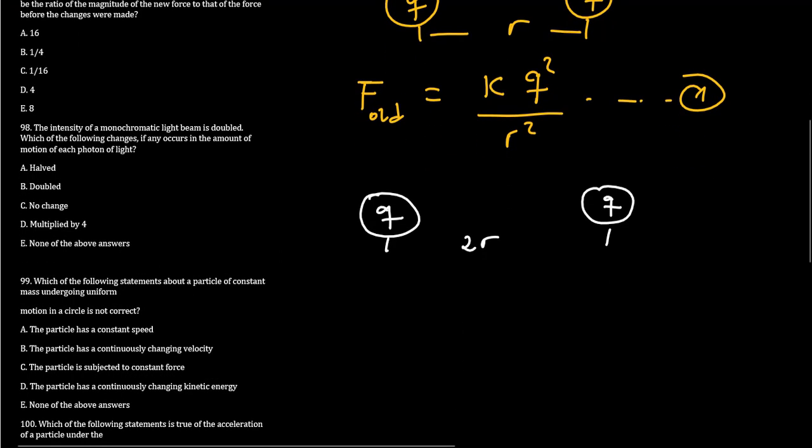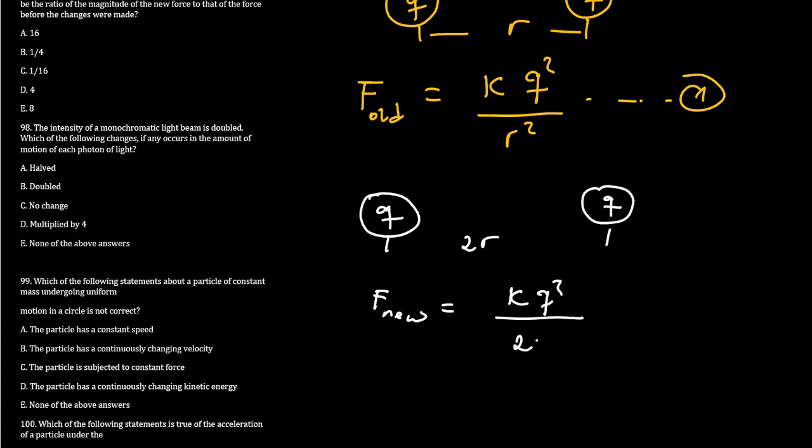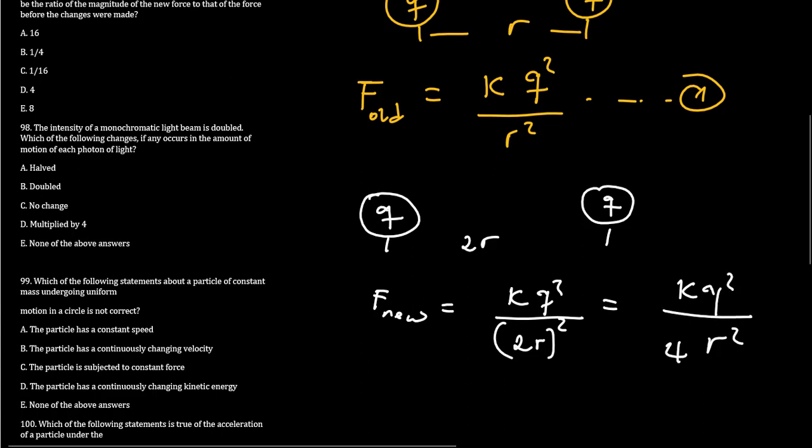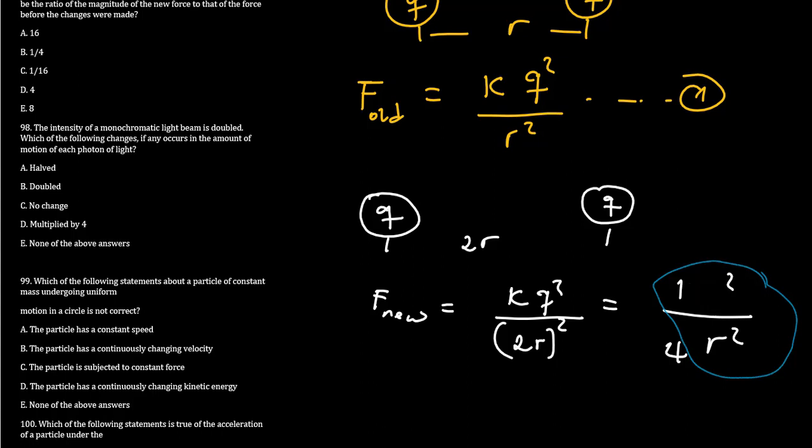The new force F new is going to be K Q squared divided by (2r) all squared, which is K Q squared divided by 4r squared. But K Q squared on r squared is equivalent to F old.